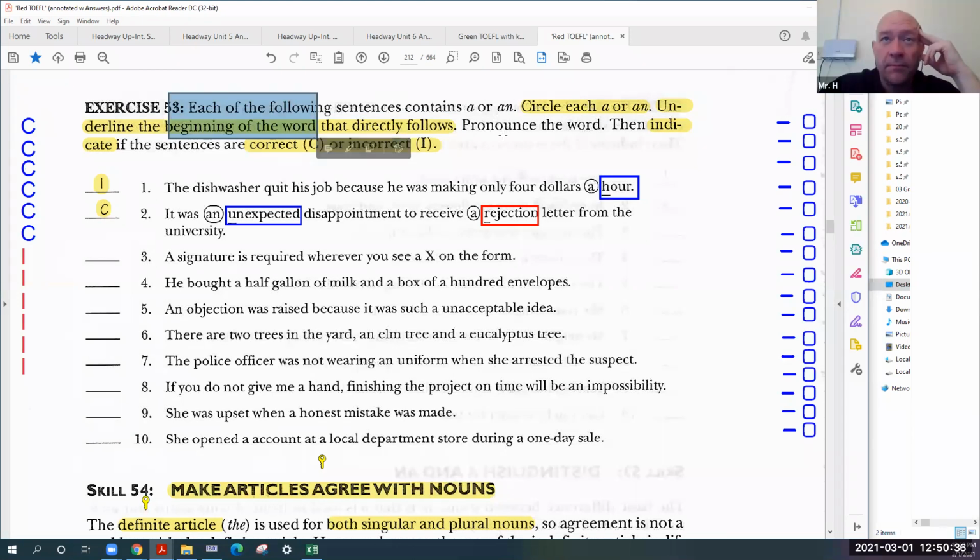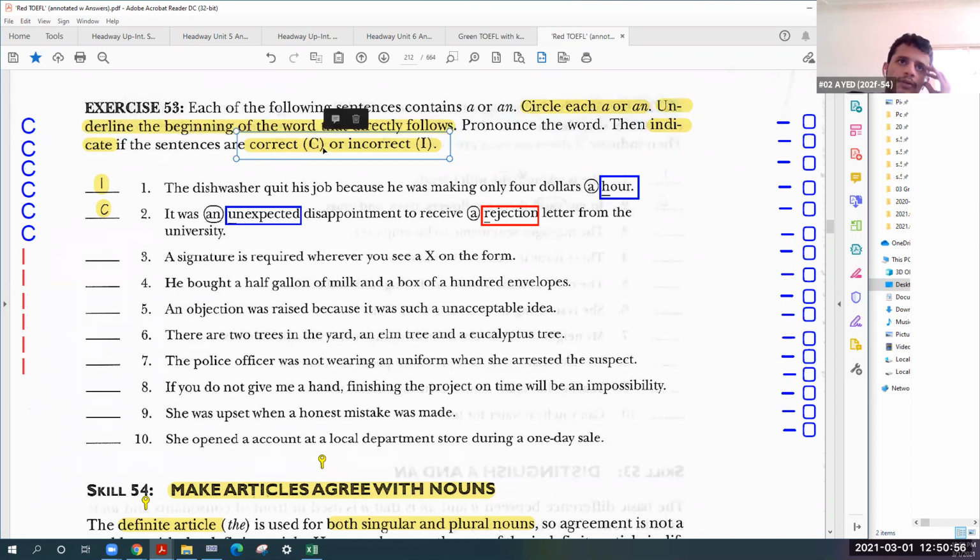Pronounce it. If you know how to speak it, then try to speak it. Of course, in the exam, you can't say it out loud, but maybe you can say it to yourself. Then indicate if the sentence is correct or incorrect.